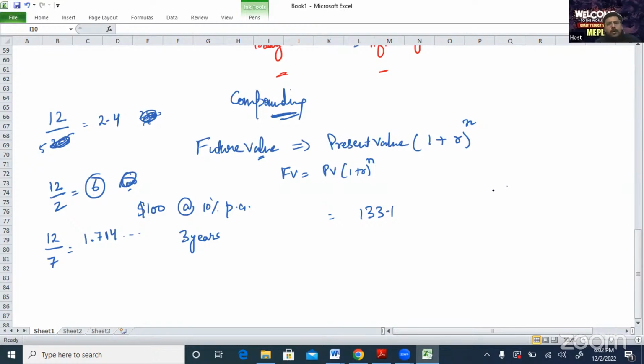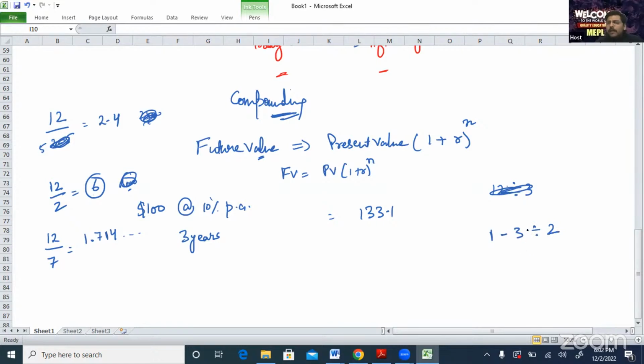What I want, so let us say I say this is 1 minus 3 divided by 2.